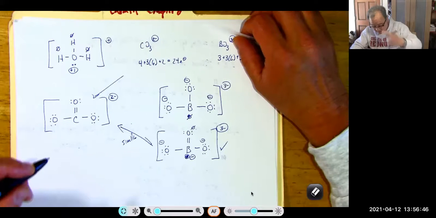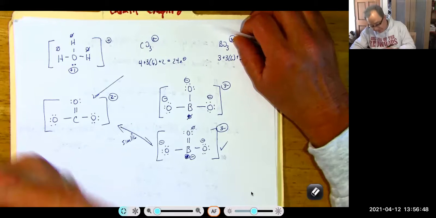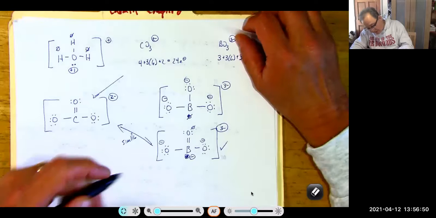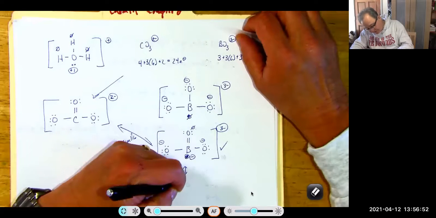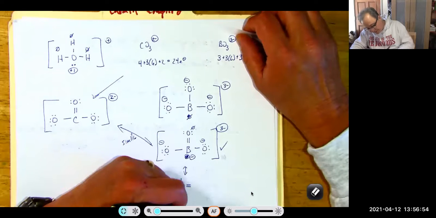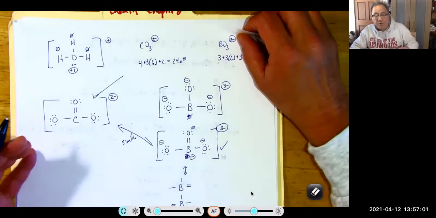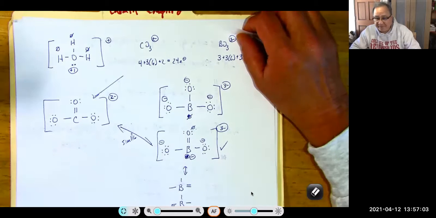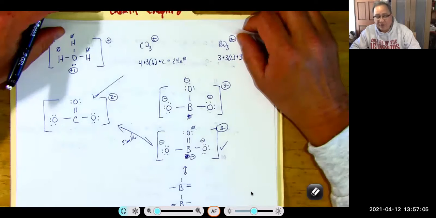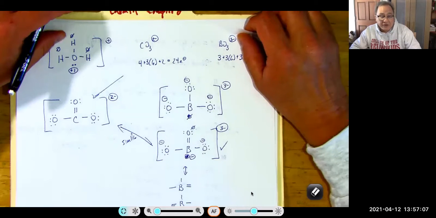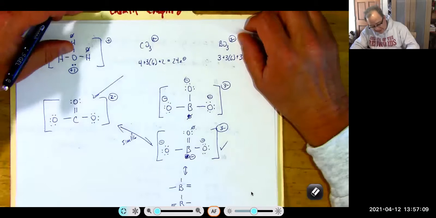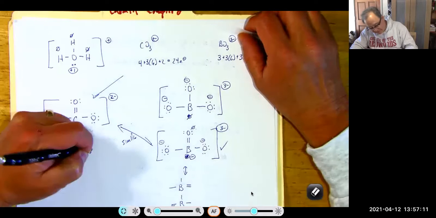And in fact, here's the dealio. This one has 3 of them that look like this and this, without drawing them all out. The more resonance structures you have, the more stable it is, because with the resonance structures, you're spreading out charge. So I'd say that they are isoelectronic.